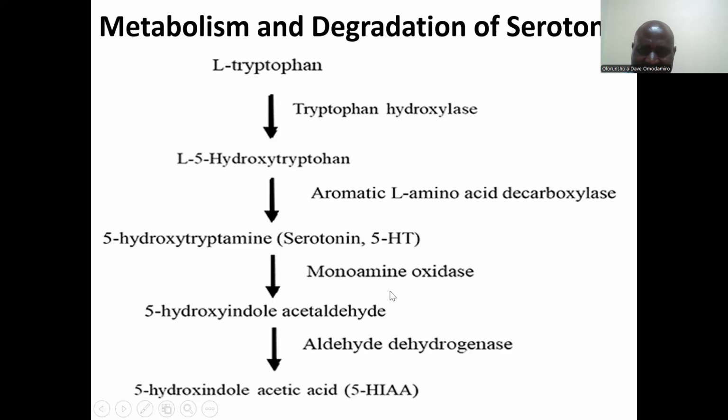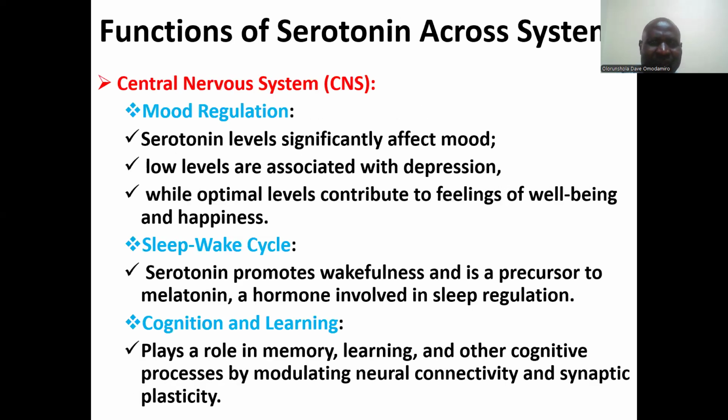When these enzymes are available, 5-hydroxytryptamine serotonin can be metabolized into 5-hydroxyindoleacetic acid, which we have earlier said is excreted in the urine. Yes, let's proceed to look at the function of serotonin across various organ systems.